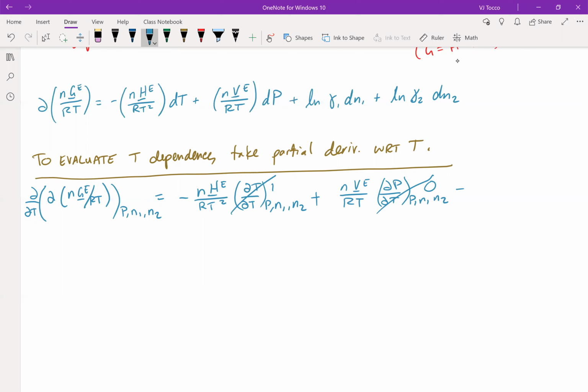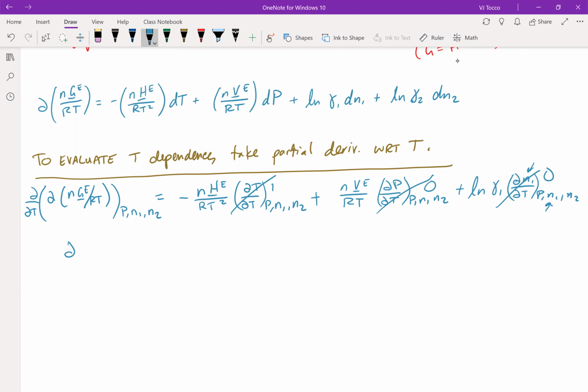You can see the same thing for N1 and N2. I'll write out N1, but I won't write out N2. The partial derivative of N1 with respect to T, keeping P, N1, N2 constant: I'm measuring the change of N1 while keeping N1 constant, so this is 0. Same thing for the last term.